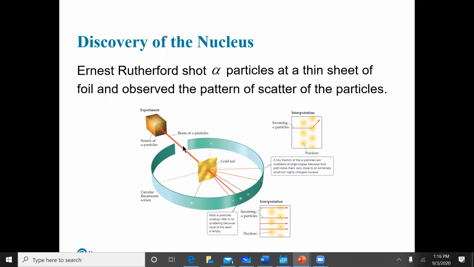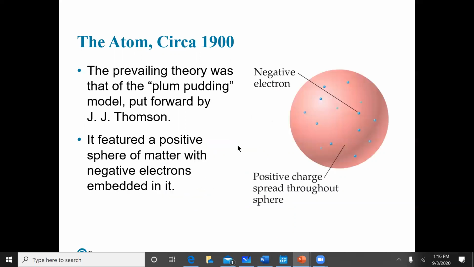So he sent this alpha beam through, and if we were going off of the plum pudding model, what we would expect is that those alpha particles, because they're so high energy, should just go straight through.